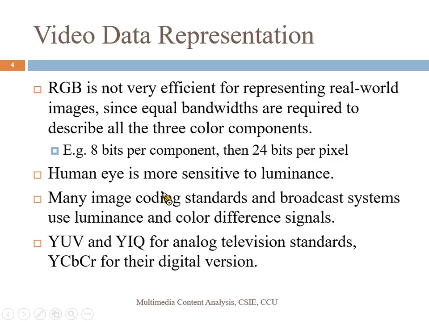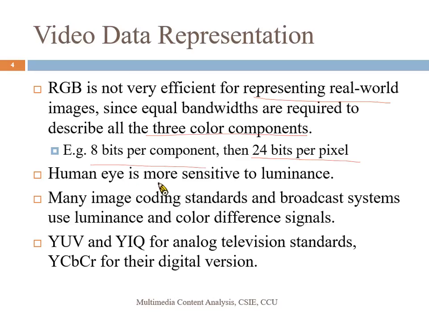So how do we represent video data? Actually, RGB is not very efficient for representing real-world imagery, because equal bandwidths are required to describe all the three color components. If we use 8 bits per component, we need 24 bits per pixel.